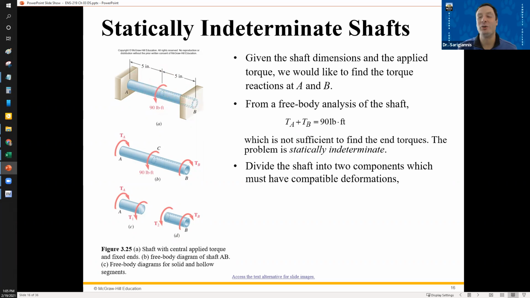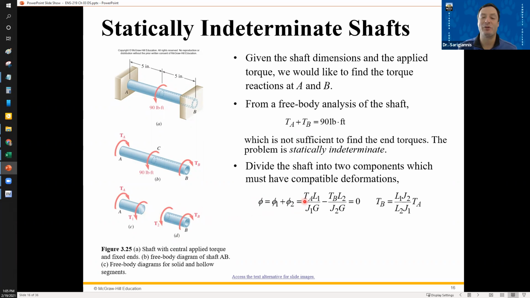So you'd have two components and the deformation must be the same. The overall angle of twist needs to be the same, so you can use that to help you solve your problem. You can see here the phi is going to be phi1 plus phi2.